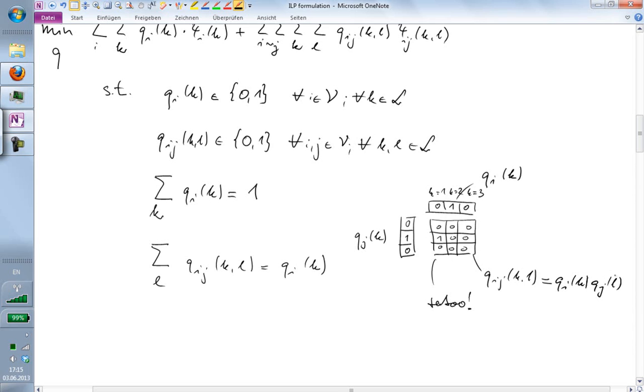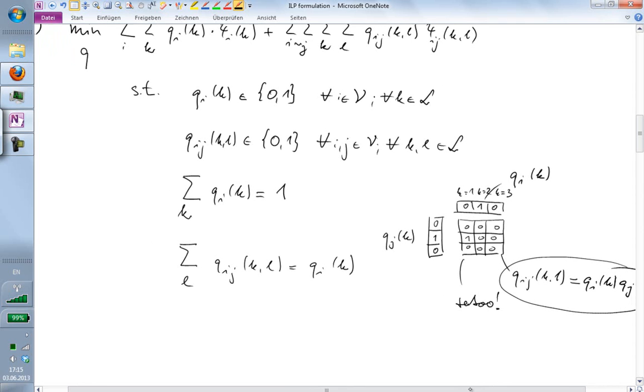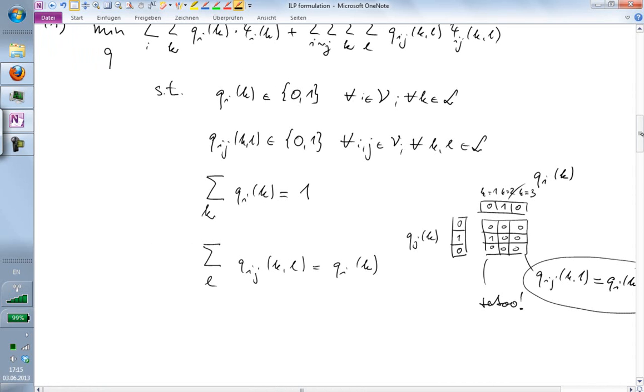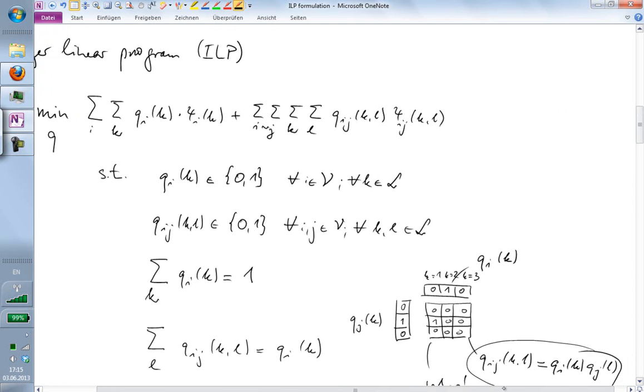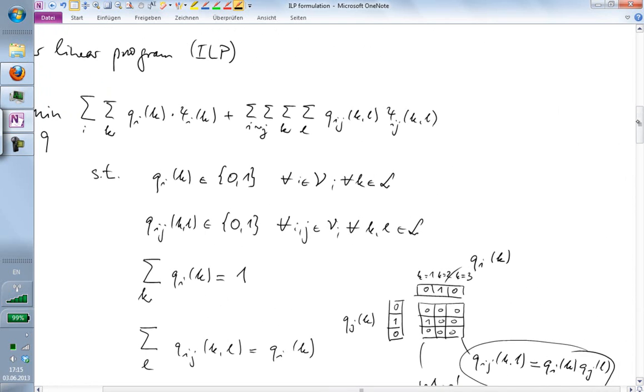Now, what you have just said is correct. The condition that you've given, which I could include as an additional constraint in my optimization problem, is a condition which is quadratic in the variables.